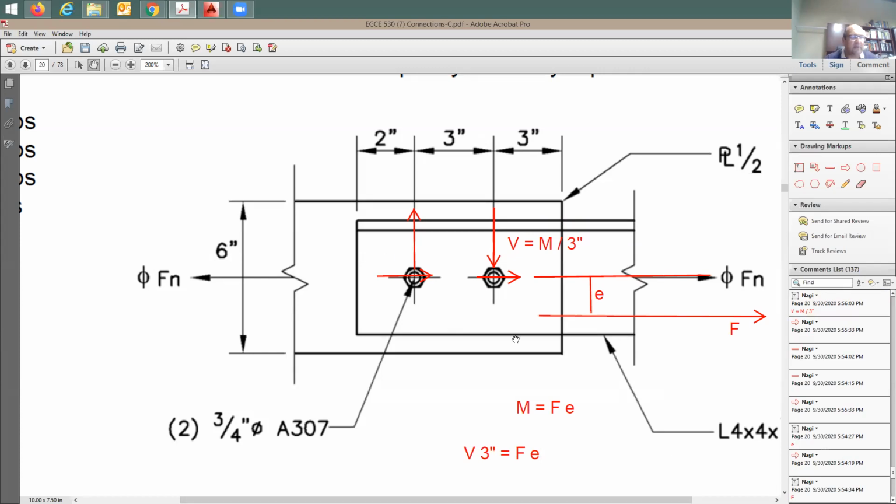One moment is rotating counterclockwise, which is the applied moment. The resisting moment is going to be applied clockwise. The applied moment is going to be F times E. The resisting moment is going to be equal to V, which means this force or this force, times 3 inches.